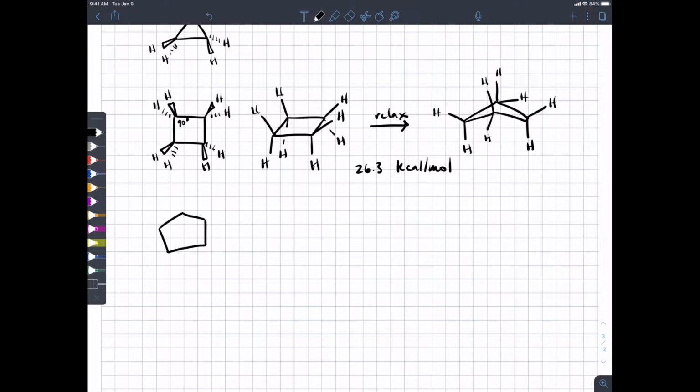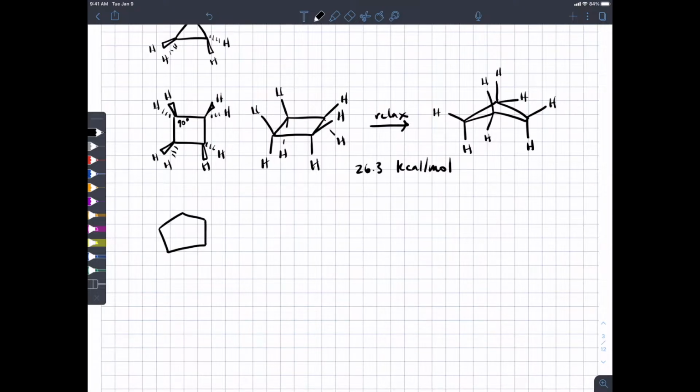Again, if you were perfectly flat here, you'd have to have an angle that was somewhat different than the tetrahedral angle, and you would have all of the hydrogens eclipsed. So instead, the five-membered rings pucker in predictable ways, and people talk about their conformations, but they're not as easy to understand as the chair conformations.